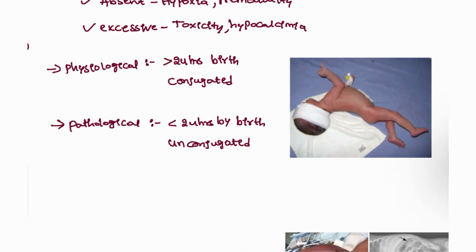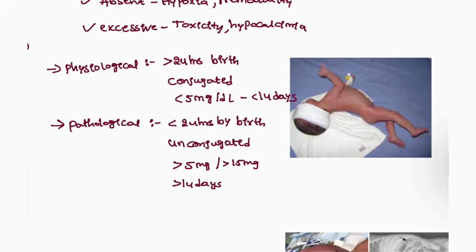Usually the increase in bilirubin is almost 5 milligram per dL only, and it lasts less than 14 days, whereas in the pathological type it is more than 5 milligrams, even a severity of more than 50 milligrams can be seen, and it can last more than 14 days.